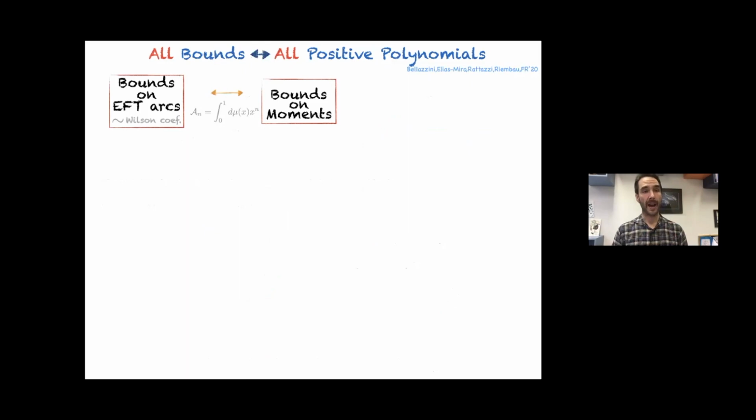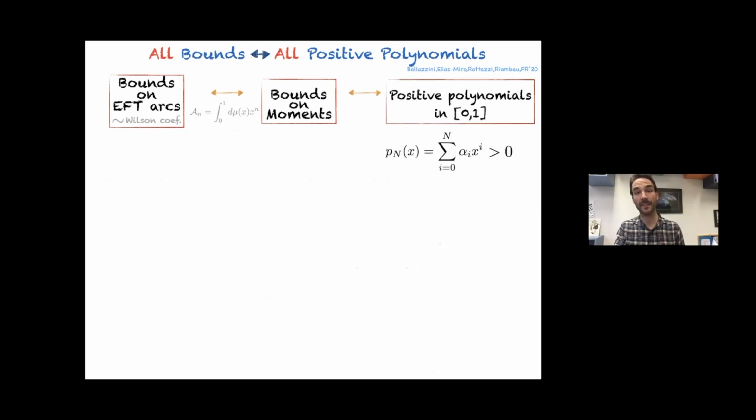So we've seen that bounds on effective field theory arcs, which, as I anticipated, at tree level are like Wilson coefficients. So bounds on arcs are like bounds on moments, and the relation is given just by this change of variables. It turns out that bounds on moments are in one-to-one correspondence with positive polynomials between 0 and 1. And this is very easy to see.